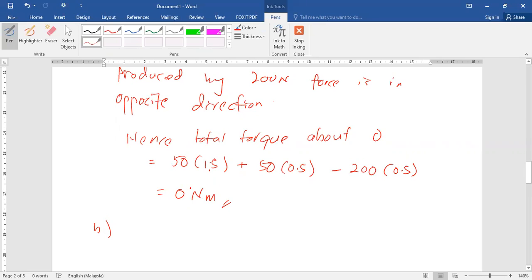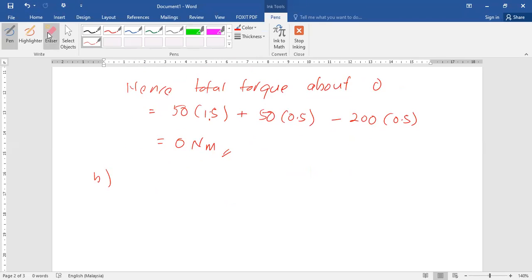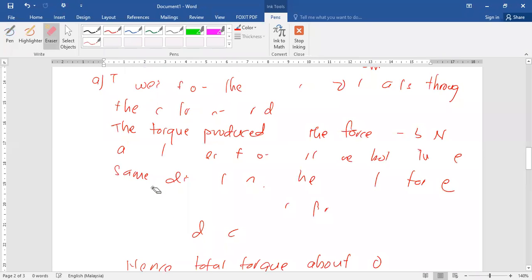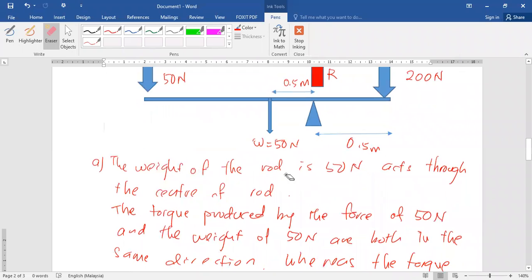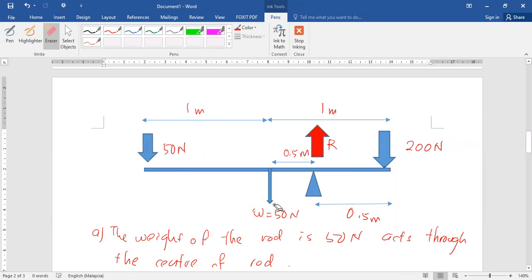We look at the question and the diagram. This question said that the weight of 50 Newton and also the force of 50 Newton both are at the same side and in the same direction. So this 50 Newton will produce a torque in this direction.